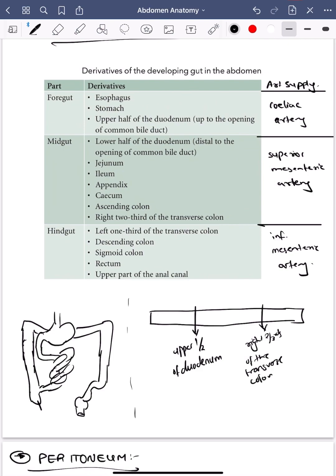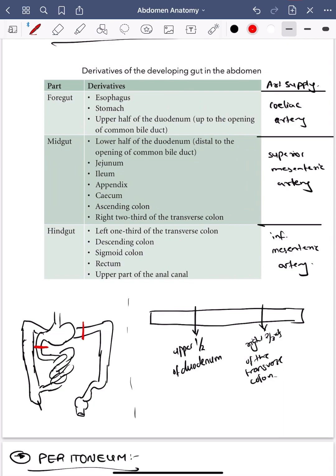Okay, so if I were to put these junctions in our previous diagram, this here is the duodenum, and the upper half of the duodenum is this, and then we have the transverse colon, and the right 2/3 is basically this.